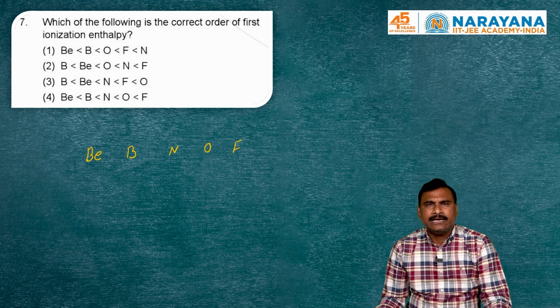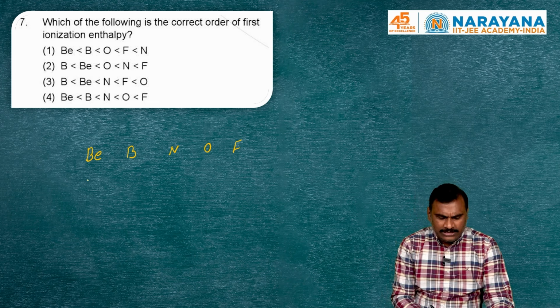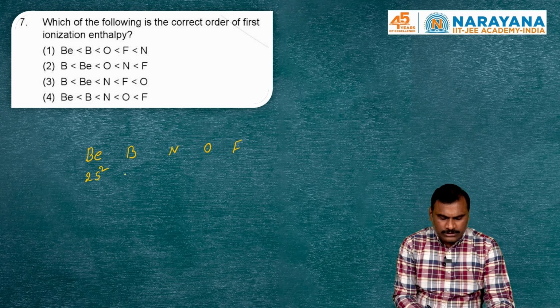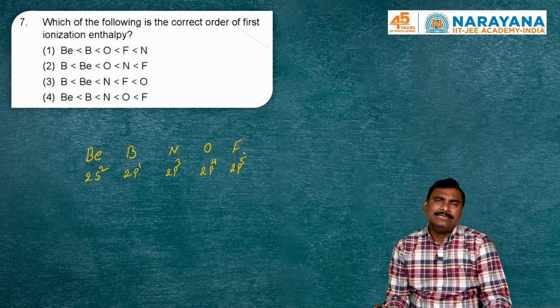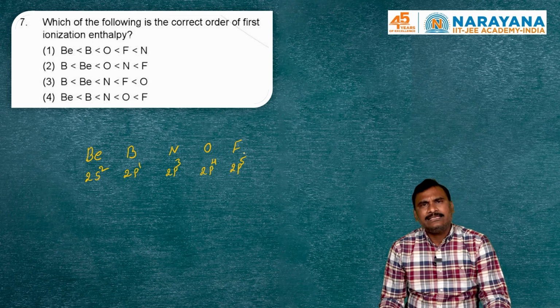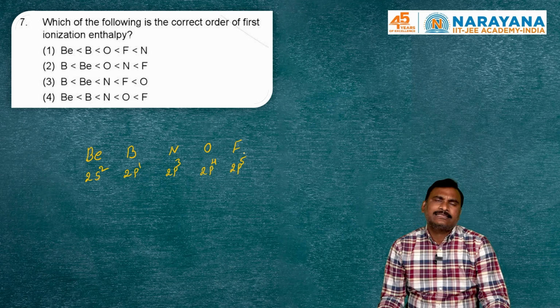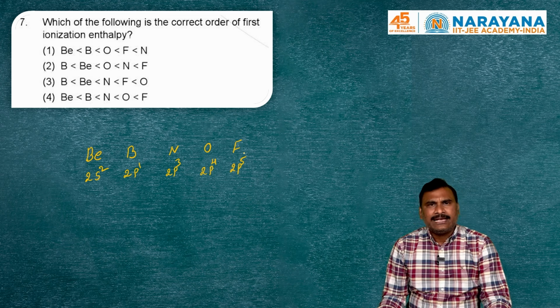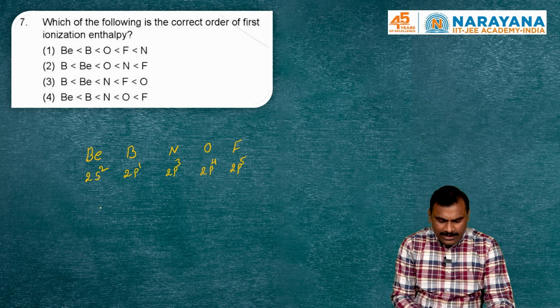So, among these, if you want to write the configurations, this is 2s2, this is 2p1, this is 2p3, this is 2p4, and this is 2p5. In general, from left to right ionization energy increases because effective nuclear charge increases and the size decreases. But some exceptions are there. What are they? Beryllium has more than that of boron.